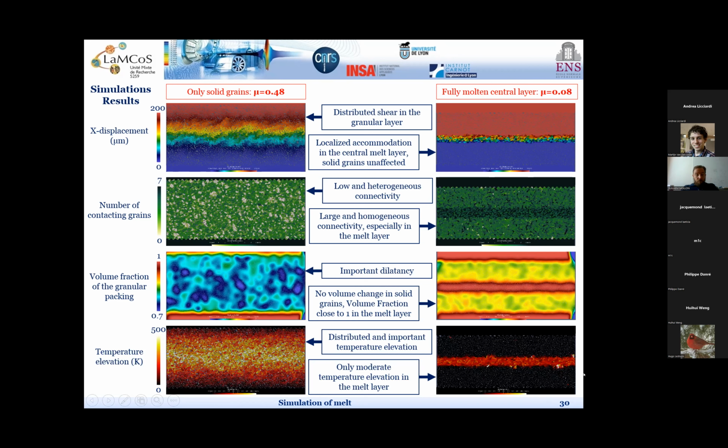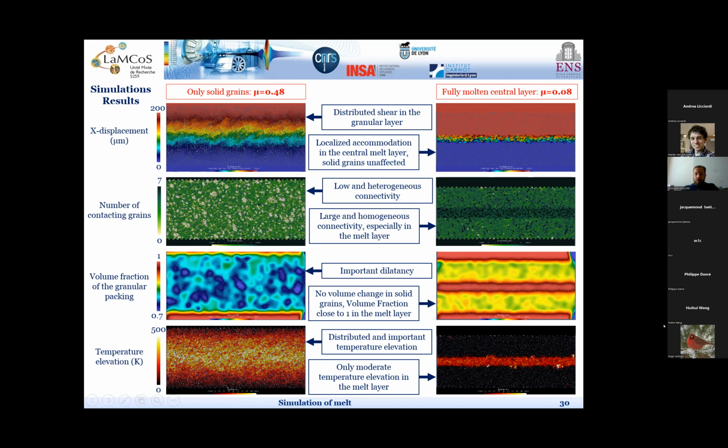And in this case, it's pretty different because the temperature increase is only limited to the part which accommodated shearing, so the central molten layer. And this temperature increase is much more moderate. It's not more than, let's say, 100 or 200 kelvins in this layer.